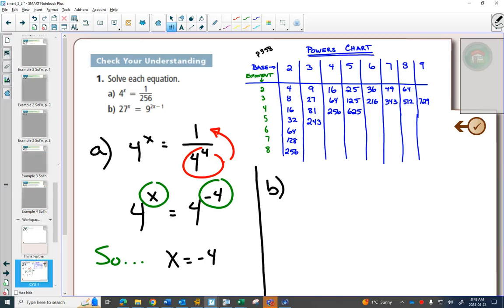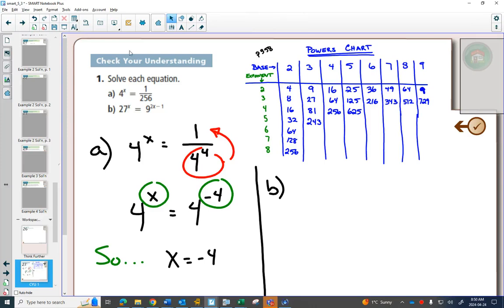So in B, we have 27 and we have 9. So often you start with a smaller one, just like we did in example A. We looked at 4 and noticed in my powers chart 256 was in the same column as 4. But now, in part B, if I look at 9, there it is.